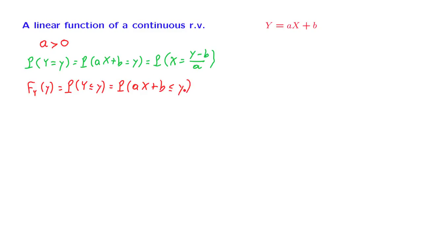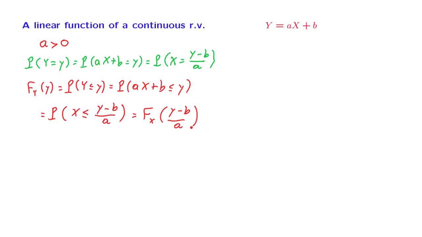We move b to the other side of the inequality and then divide both sides of the inequality by a, and we get that this is the same as the probability that x is less than or equal to (y minus b) divided by a, which is the same as the CDF of x evaluated at (y minus b) over a. So we have a formula for the CDF of y in terms of the CDF of x.